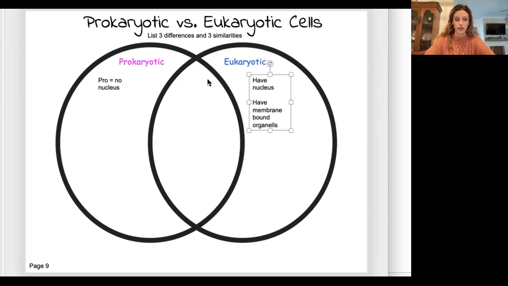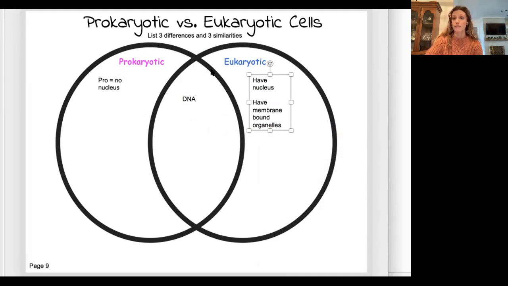So just because a prokaryotic cell doesn't have a nucleus, does that mean that they don't have DNA? No, they still have DNA, or just remember it's a hot mess inside the cell. So there's one characteristic for prokaryotes, there's two for eukaryotes, and then I gave you one similarity for both of them.